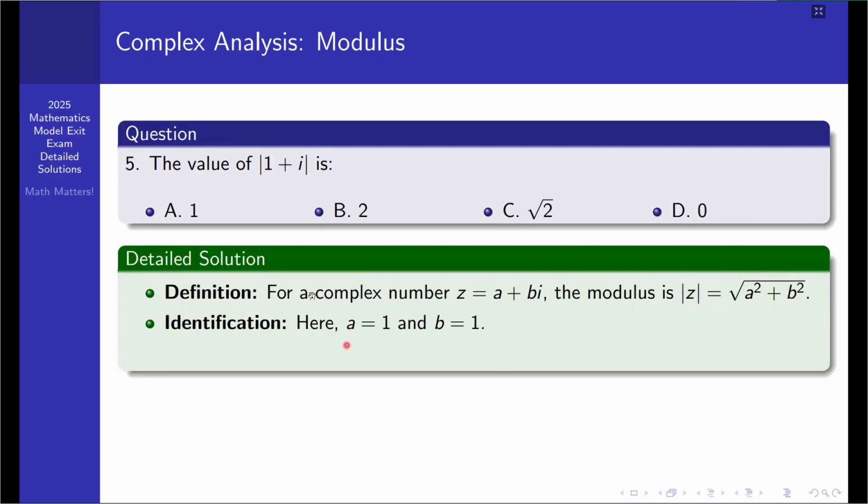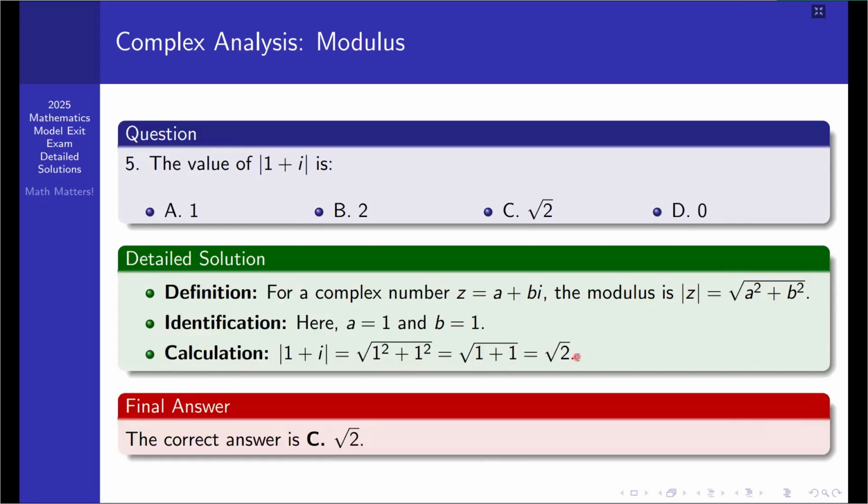What we are given here is that the real part is 1 and its imaginary part is also 1, so its norm is the square root of 1 squared plus 1 squared, which is equal to the square root of 1 plus 1, which is radical 2. The alternative containing this one is radical 2, option C, therefore the correct answer is C.